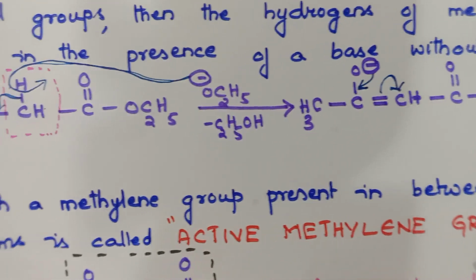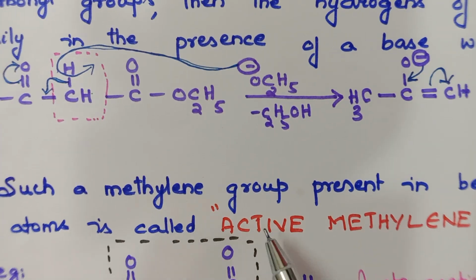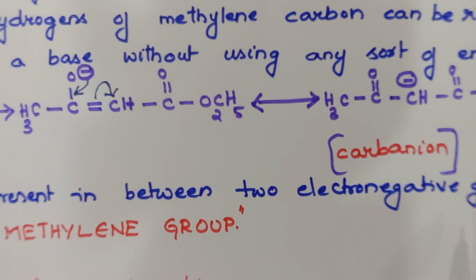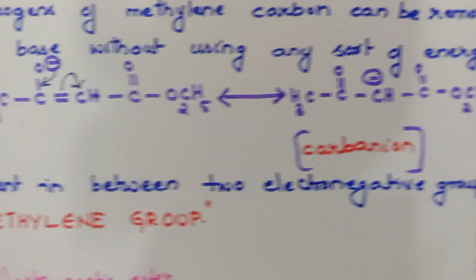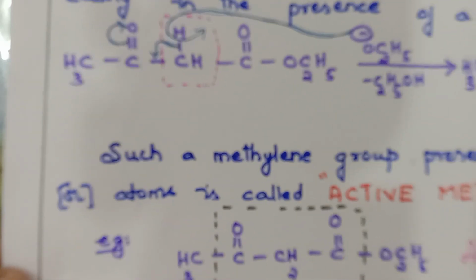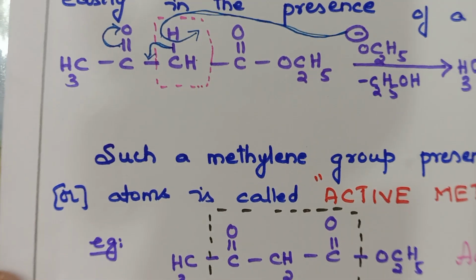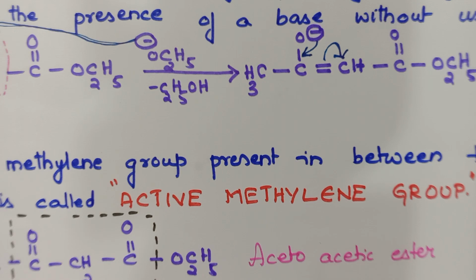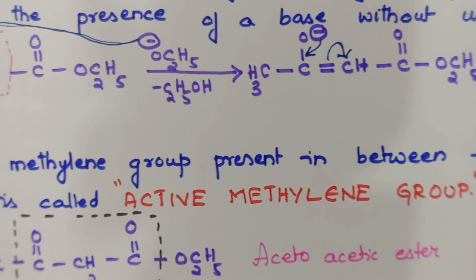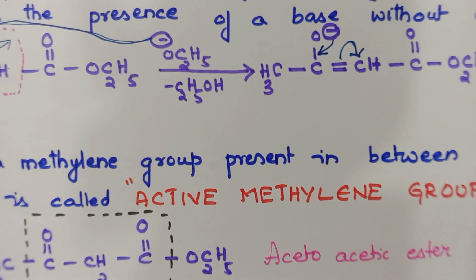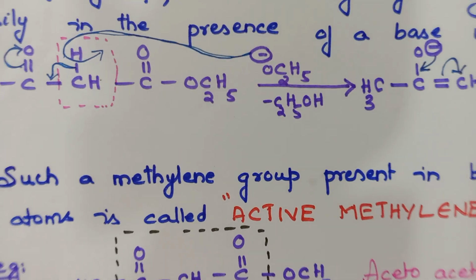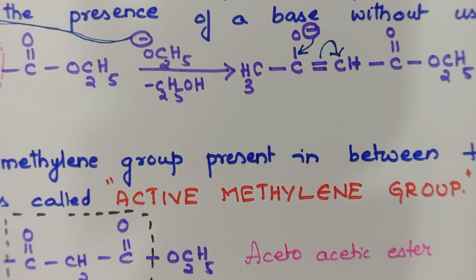So in general we can say like this: a methylene group present in between two electronegative groups or atoms, we call it as active methylene group. Okay, so you have to underline this sentence. The methylene group which is present in between two electronegative groups or atoms is called as active methylene group.